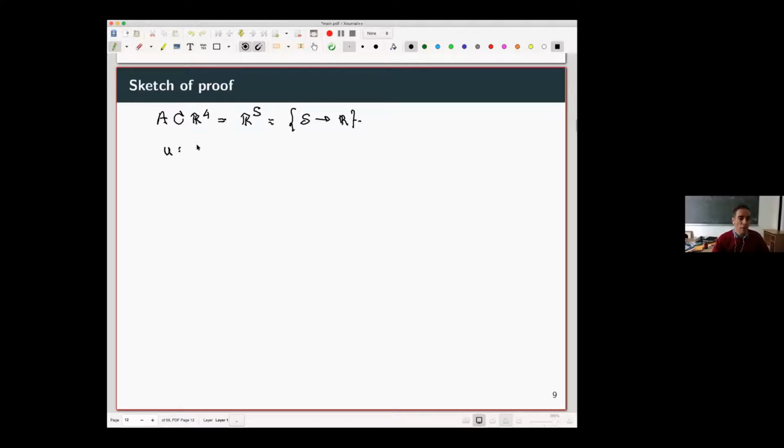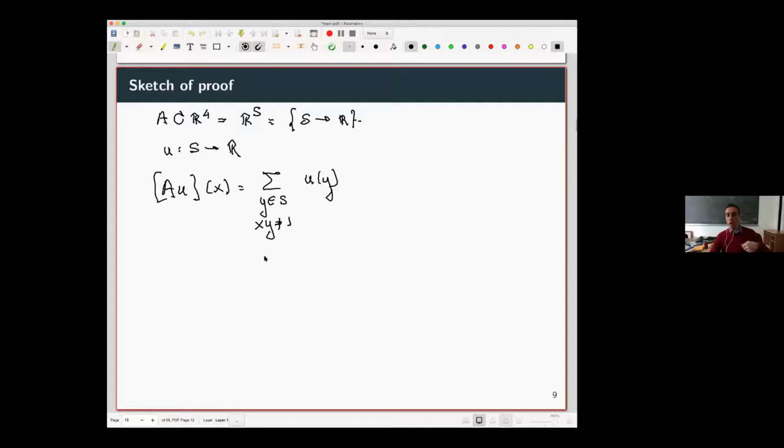Imagine you have a function u from S to R, just a weird way to write a vector in R^4. So what is A of u? I want to compute A of u at a certain generator x. Writing out the matrix product, you're summing over generators y of u of y, but not all the generators, only the ones such that yx is different from 1.